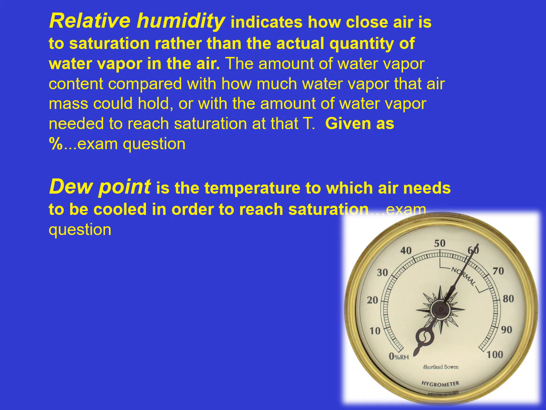Yes, it is. The original hygrometers actually were called hair hygrometers, and I believe it was horsehair that they used. The change in the length of the hair told you something about how the humidity was changing. Was it going up? Was it coming down?